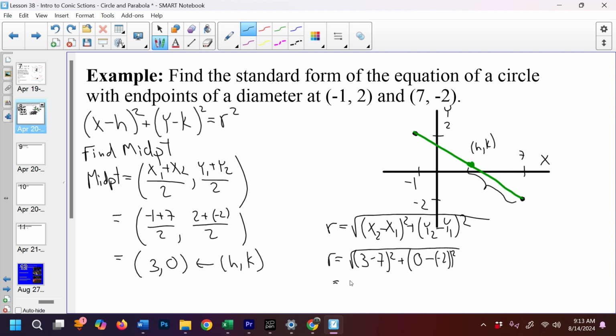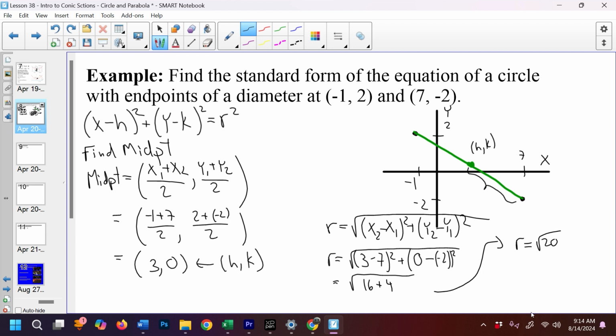That will give me the square root of, let's see here, 3 minus 7 is -4. -4 squared is 16. 0 minus -2 is +2. +2 squared is 4. That means that my r is equal to the square root of 20.